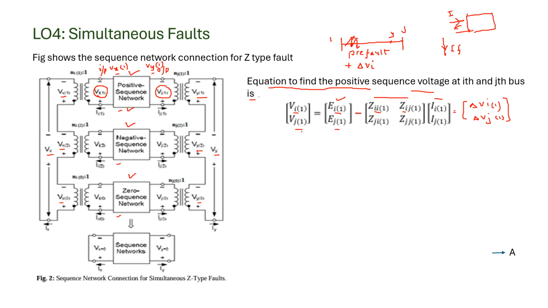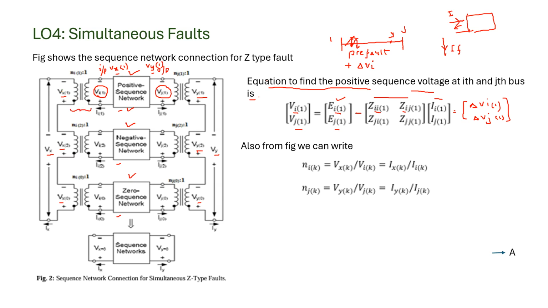Okay. Then also from the figure we can write here, this transformer is not actually to be considered as a transformer; it is just to accommodate on which line the fault has taken place.